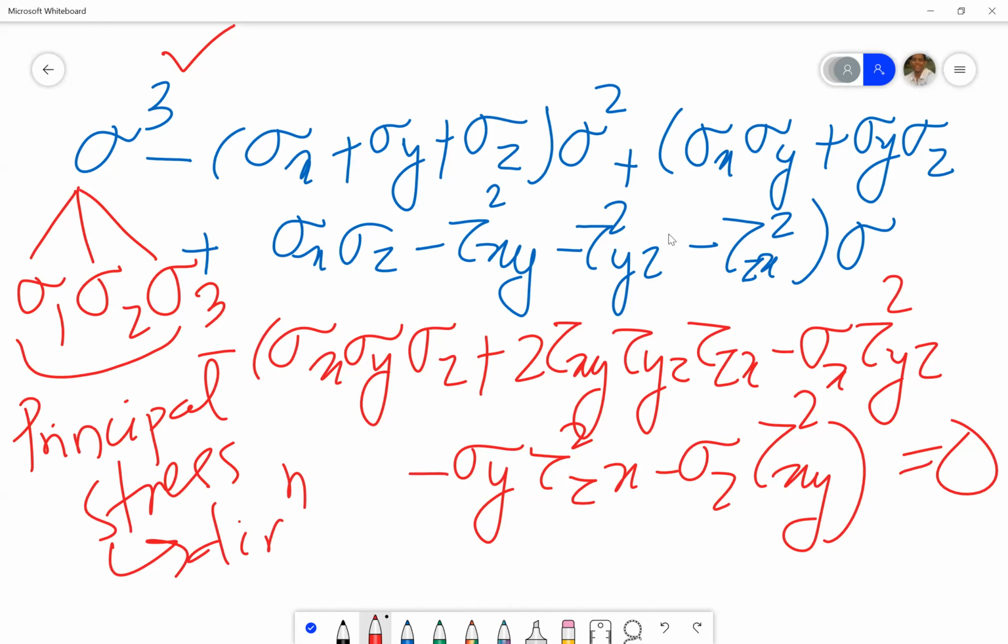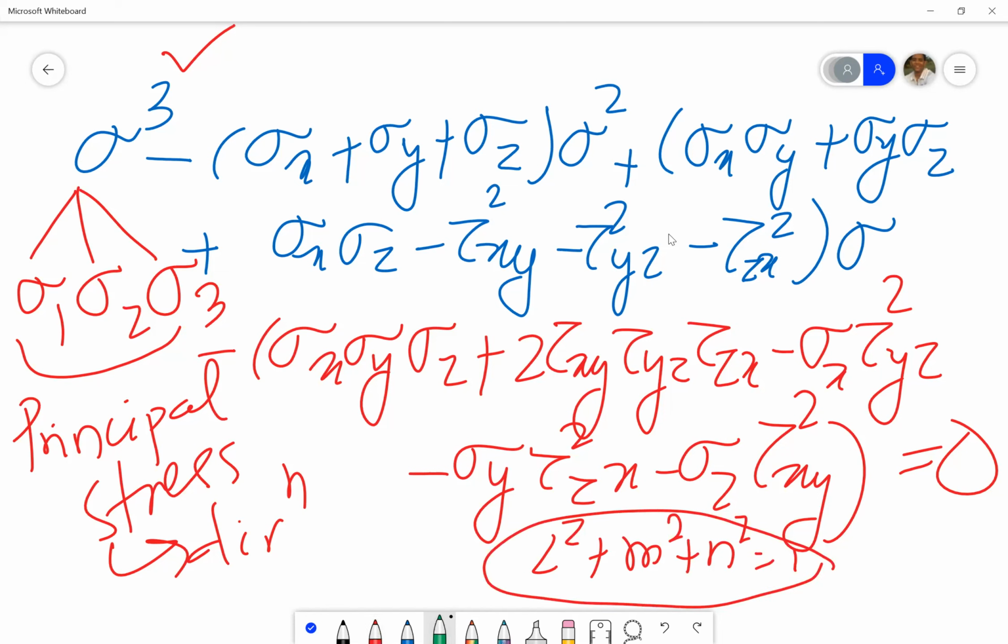It is necessary to substitute sigma 1, sigma 2 and sigma 3 in turn into the three equations. The resulting equations must be solved simultaneously for L, M, and N with the help of the auxiliary relationship L square plus M square plus N square is equal to 1. This is an assumption.